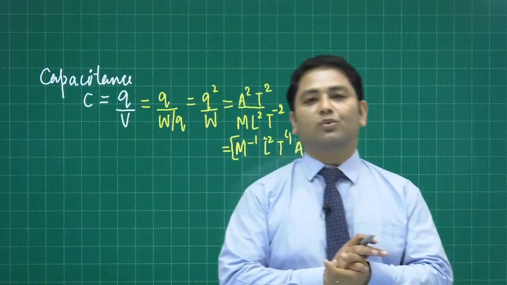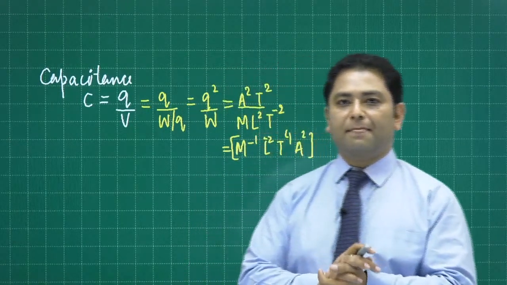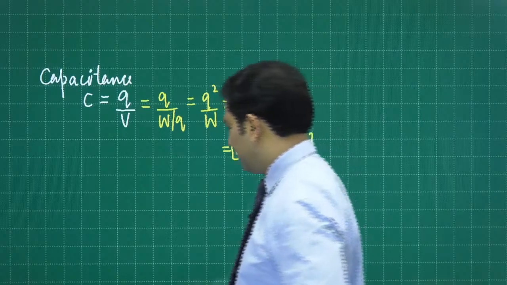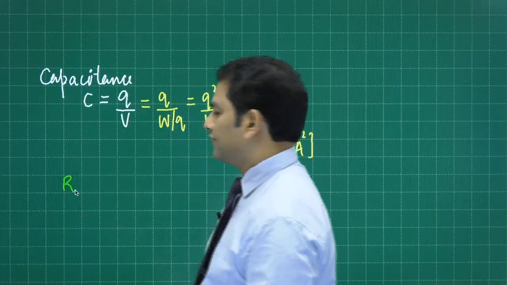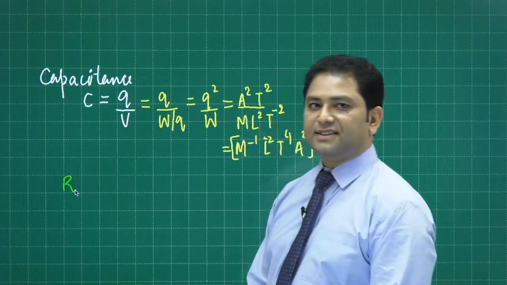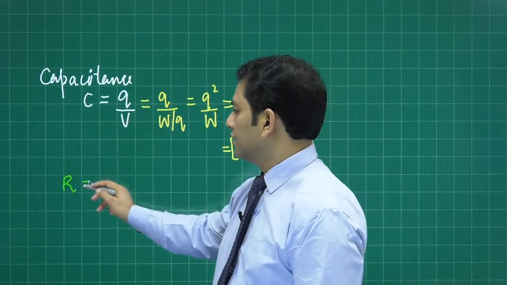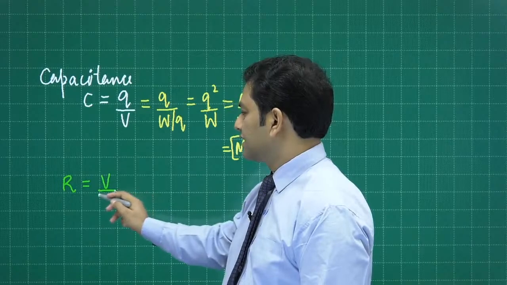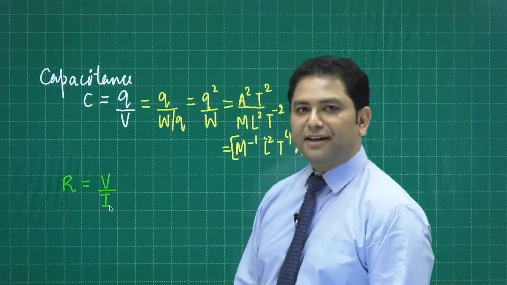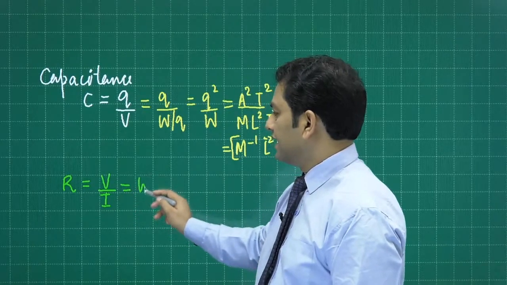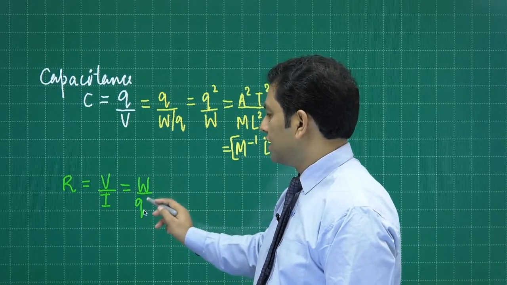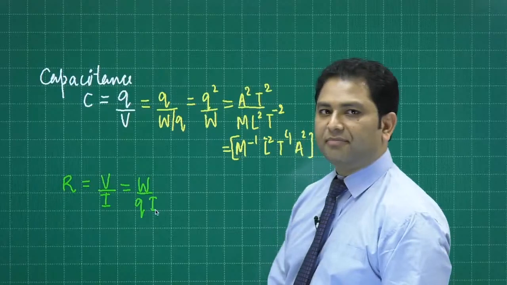Let us try to deal with one more electrical quantity, and that is the resistance. All right. So let's try to find the dimension of resistance. Straightforward one, which is potential difference divided by current, right? And again, potential difference can be written as work done per unit charge into current there.